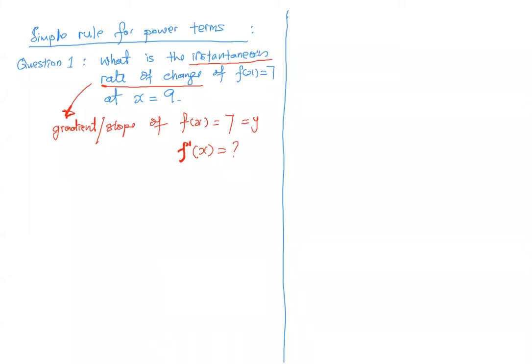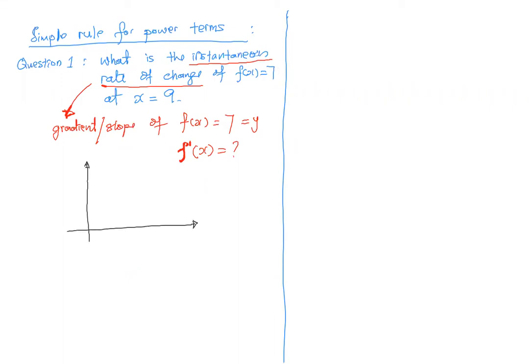Zero. Zero, yes. Why do you say zero, Yishan? There is no x, so it's zero. Is that the correct way? You can memorize it like that.